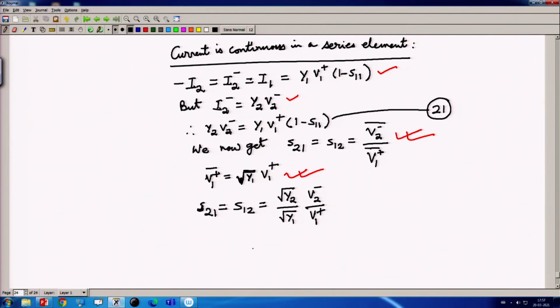we will get this is equal to root of y 2 by y 1.